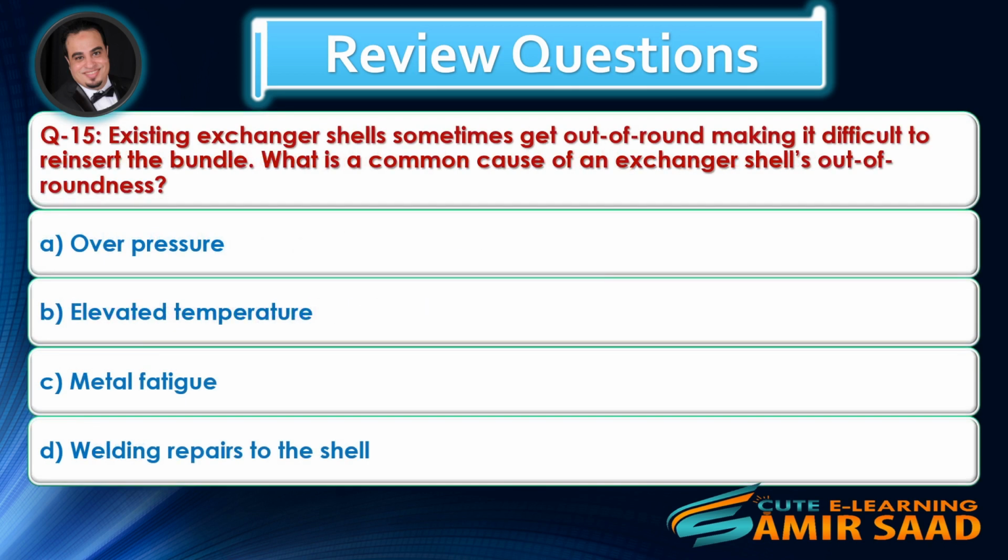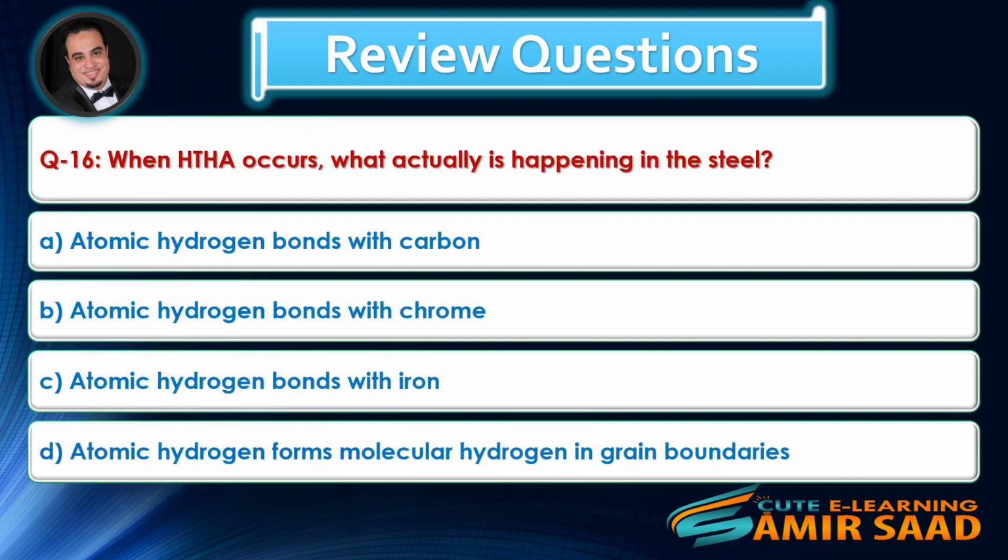Question number 15. Existing exchanger shells sometimes get out of round, making it difficult to reinsert the bundle. What is a common cause of an exchanger shell's out of roundness? Answer is D. Question number 16.